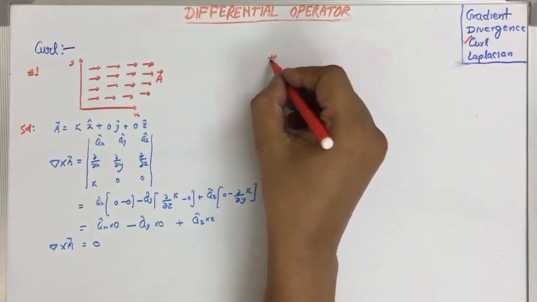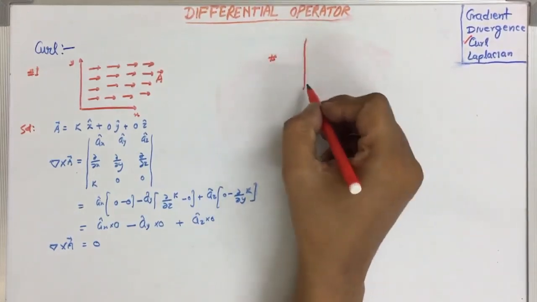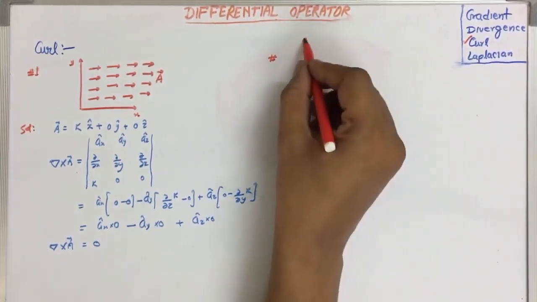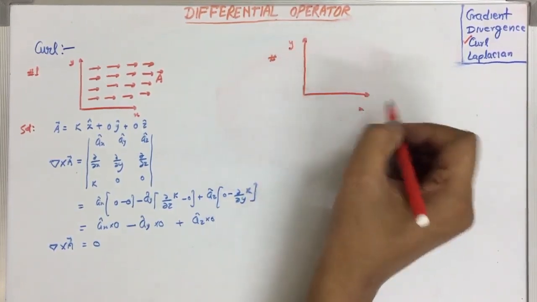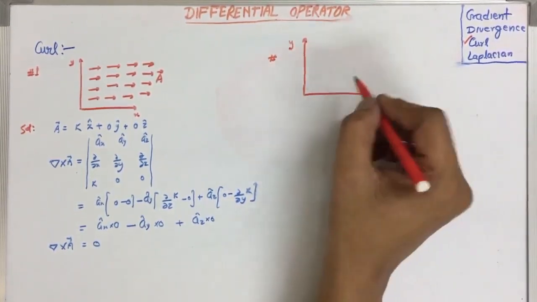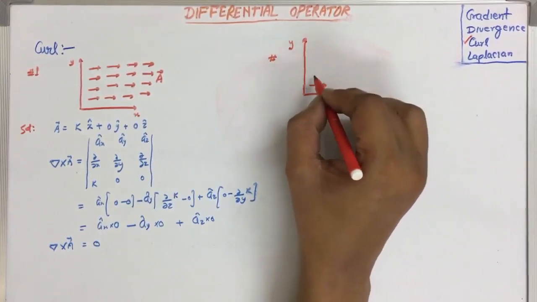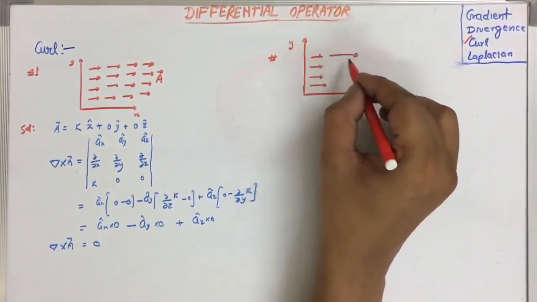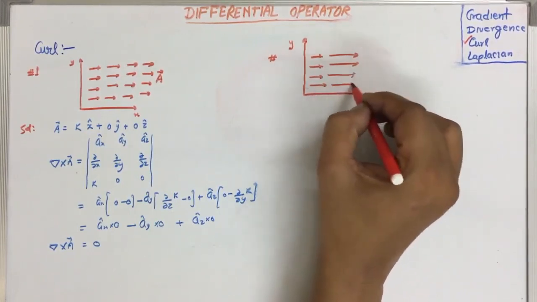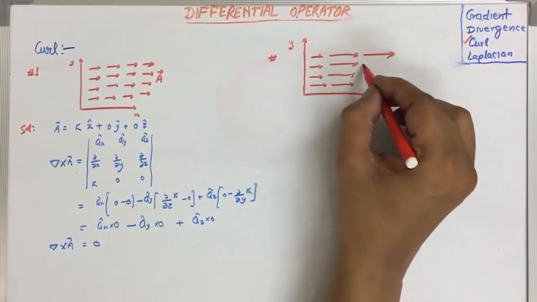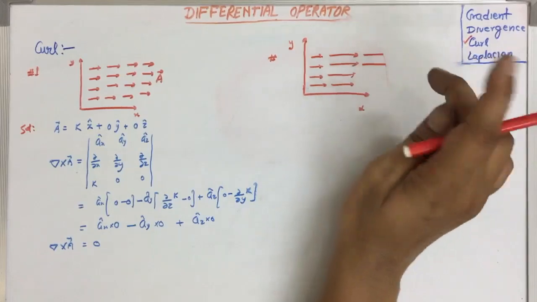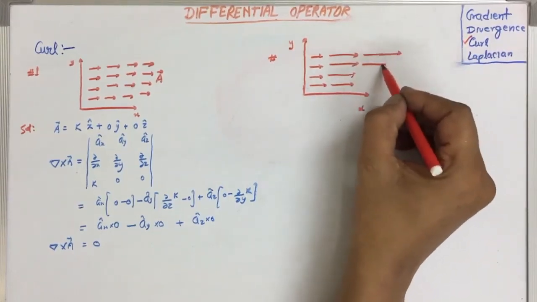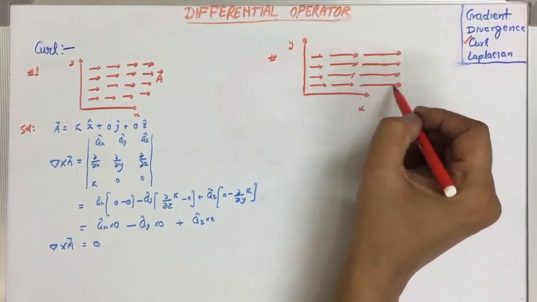Consider another example. Take the xy coordinate and consider the field changing in the x direction, and you can consider this change linear.